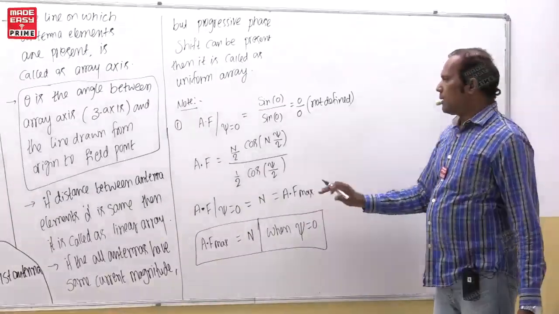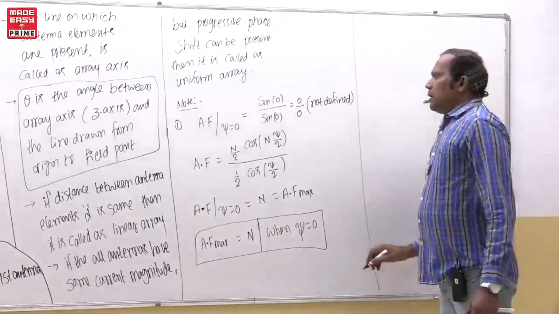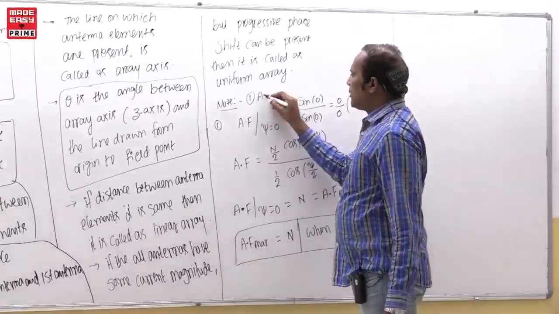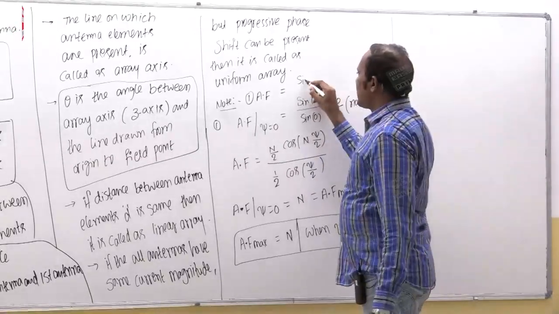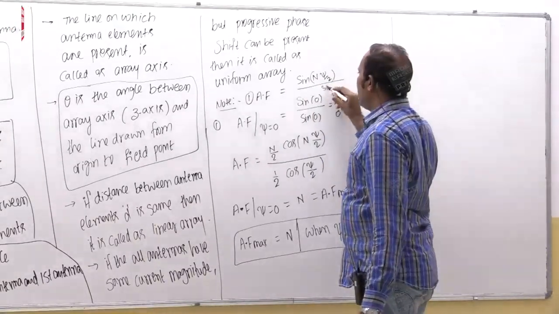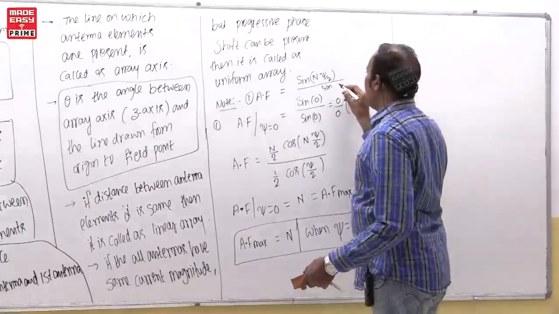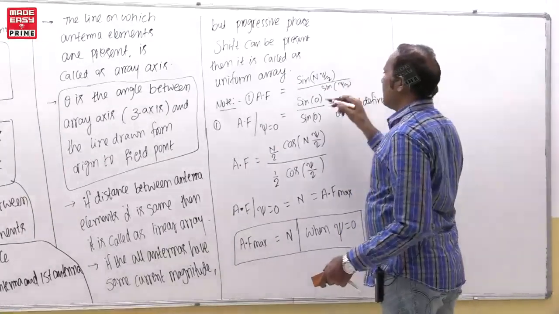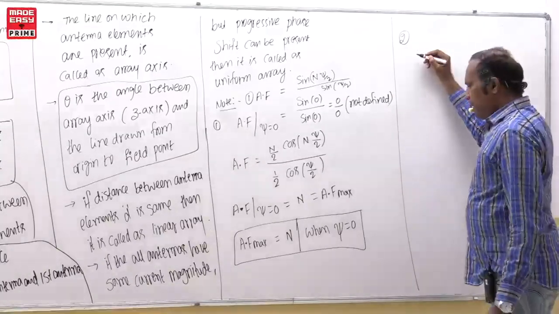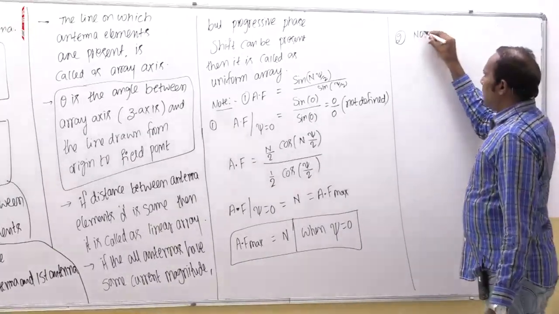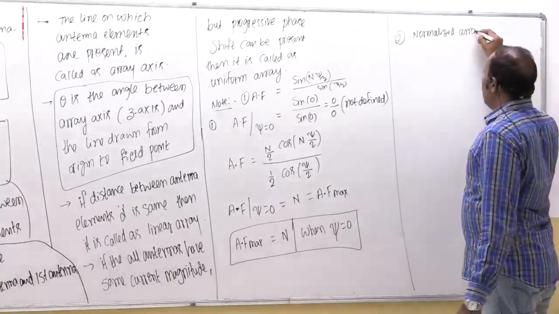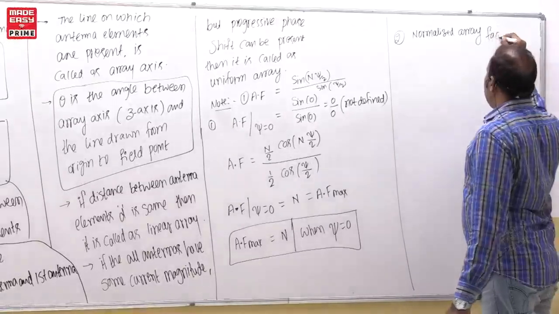This is standard. Now, for continuity I will write the array factor: array factor is equal to sin n psi by 2 divided by sin psi by 2. Second one, students, is the normalized array factor.